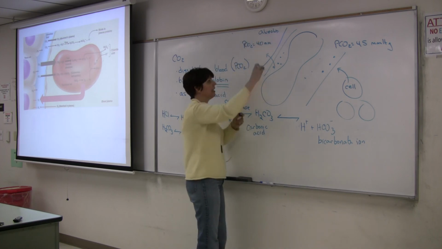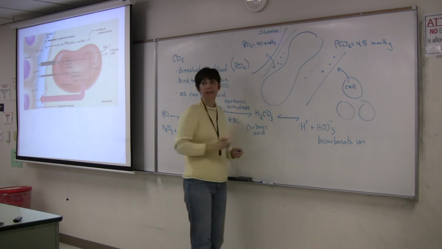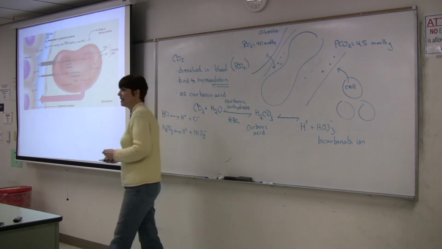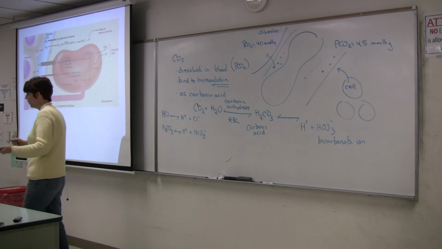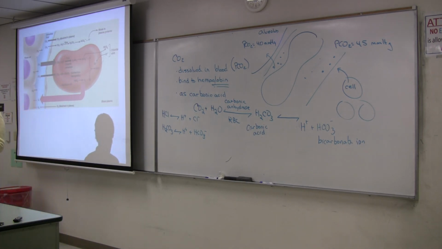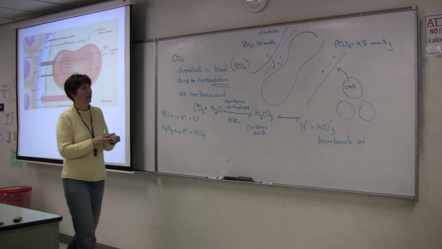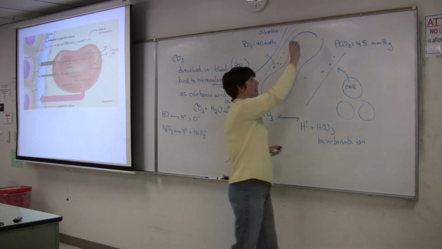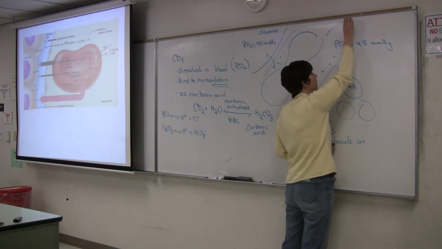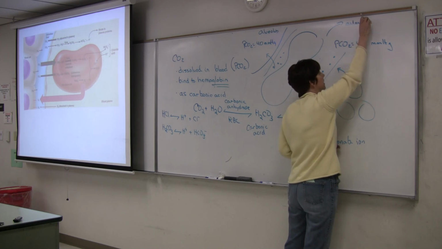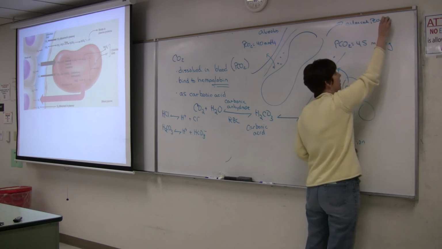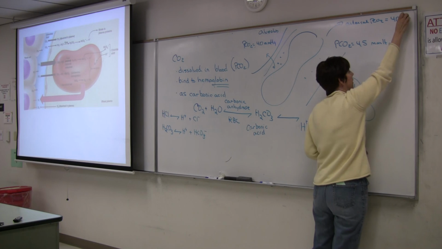Now that's not nearly the gradient that we had for oxygen, but remember I said that 20 times more CO2 will move across because of the better solubility. So we don't need a higher gradient since we have better solubility and permeability of CO2. So by the time the blood leaves the lungs, it's going to have an arterial PCO2 equilibrated to that of 40.